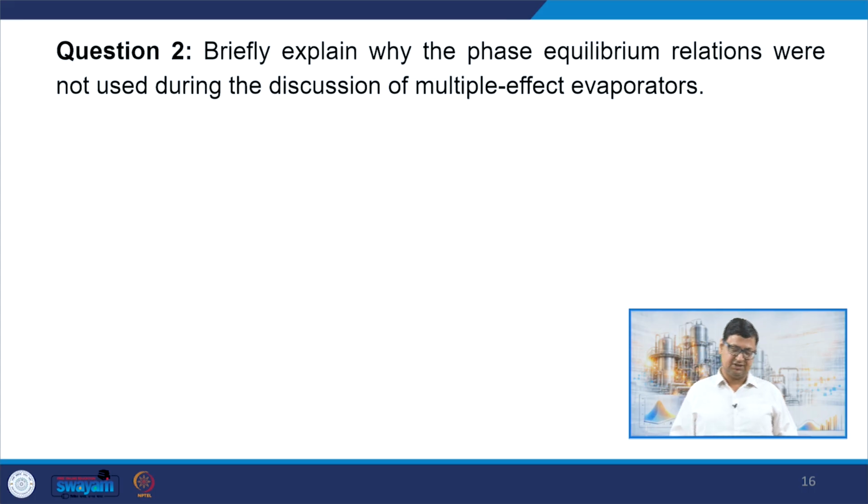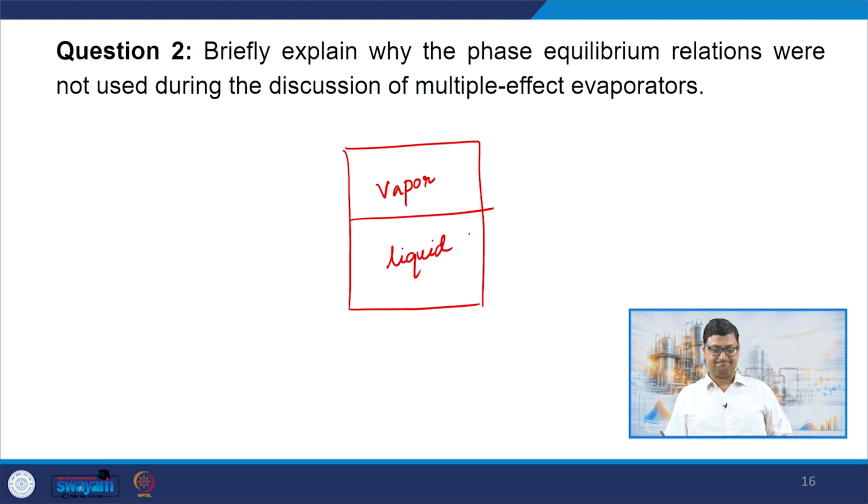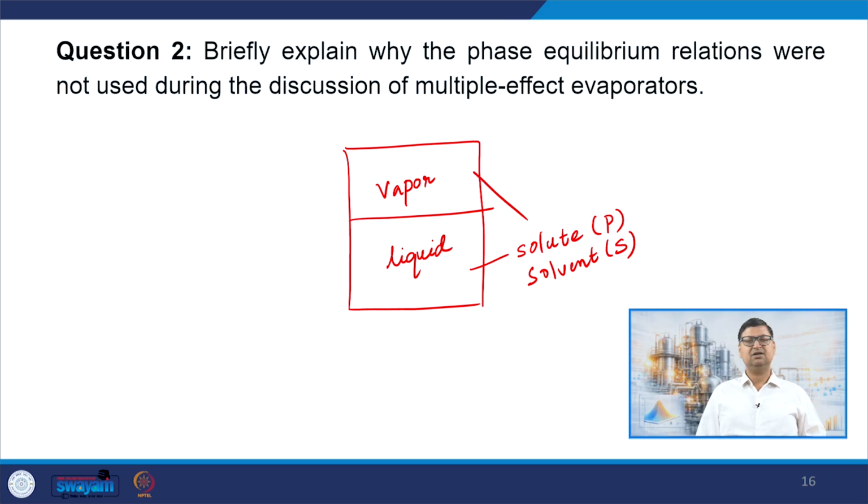Indeed, if you think about it, you have two phases here. It may not look like this, but there are two phases inside the evaporator, a vapor phase and a liquid phase. And in principle, both may contain solute. Let me call the solute P, and let me call the solvent S. So both may contain the solute and the solvent.